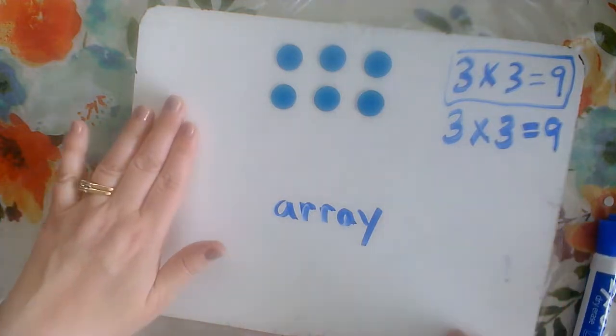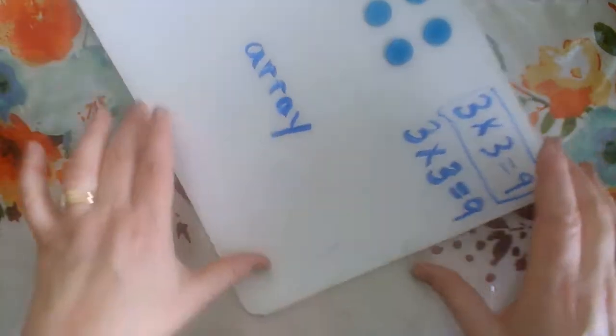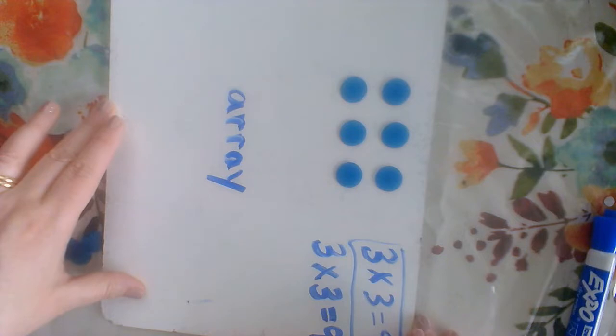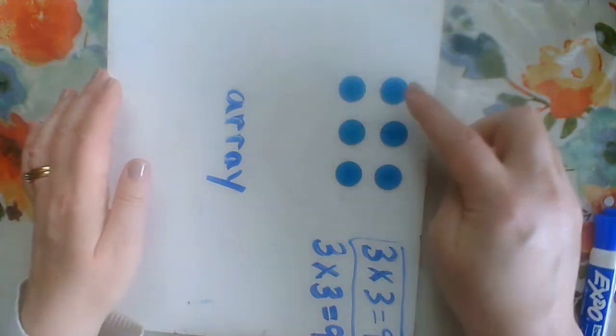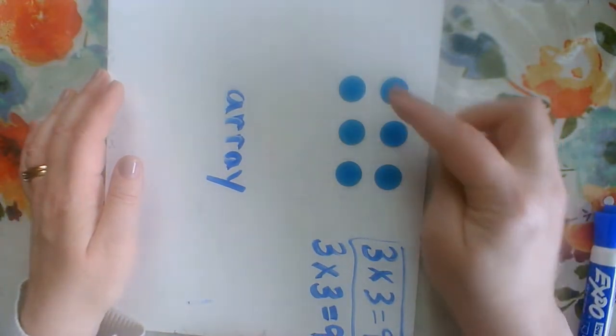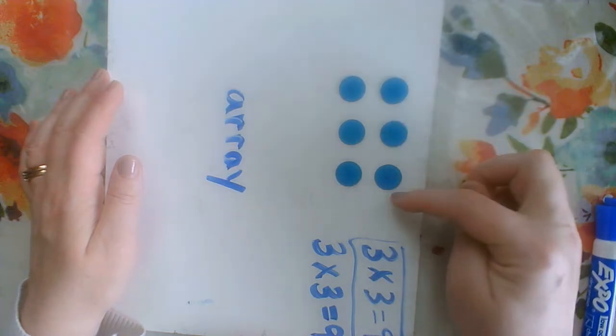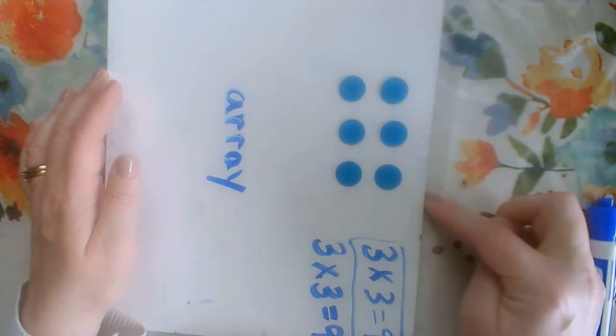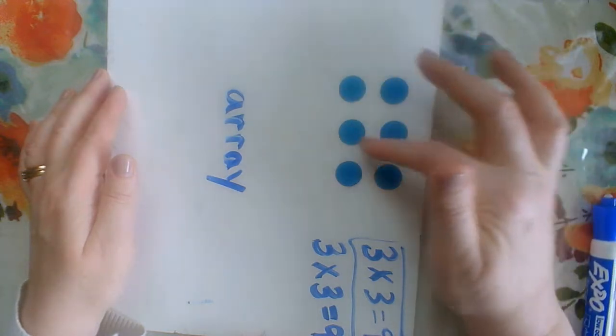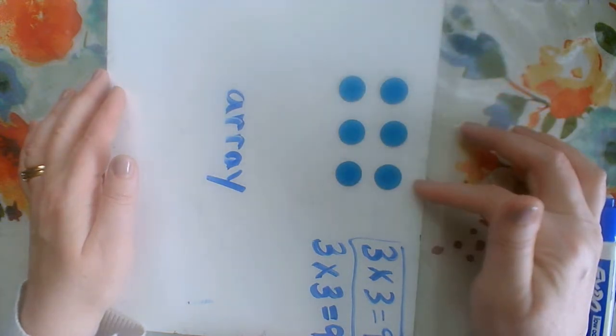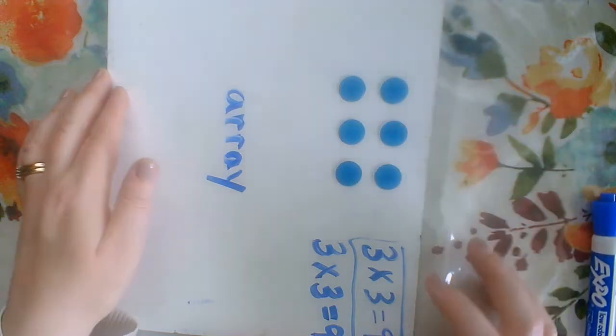Now I can turn that rectangle this way, and I'm still going to have 2 groups of 3 or 3 groups of 2. It's just that this time I have 3 rows of 2 and 2 columns of 3.